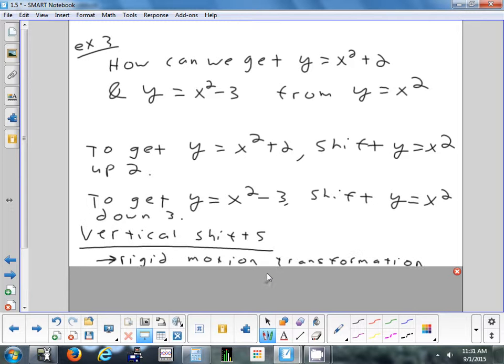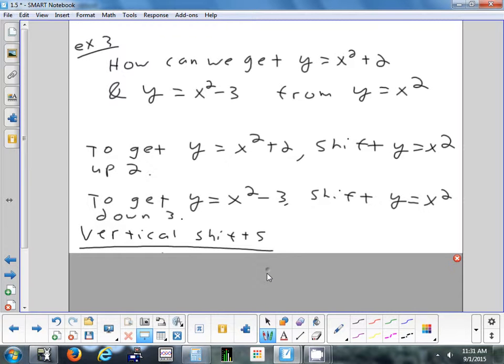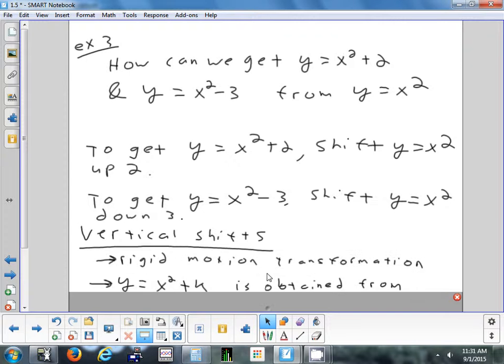So these are both examples of vertical shifts. A vertical shift is a rigid motion transformation, meaning it doesn't distort the parabola. It just takes what you have and moves it. No stretching at all.